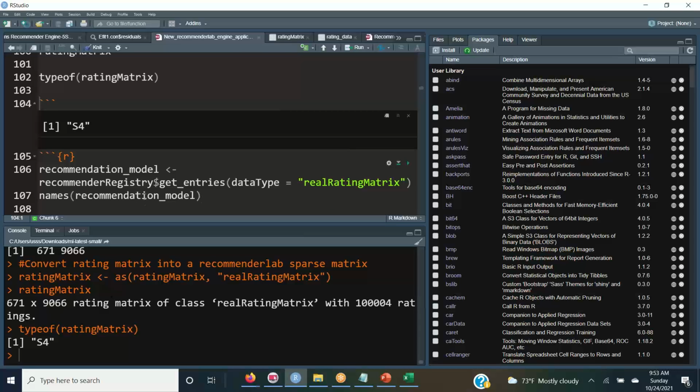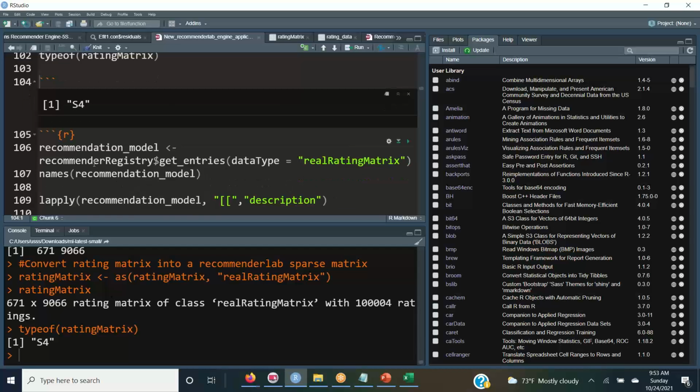Once you have that, the recommenderlab package knows how to deal with this rating matrix data to do all its calculations. And the moment you put the recommendation model command, boom, it's done. It has done a lot of things actually, but I'm only going to access this specific collection of entries created by that.